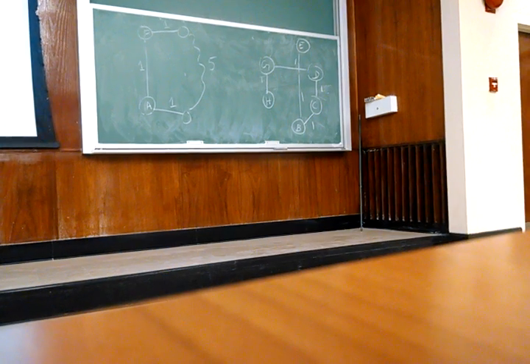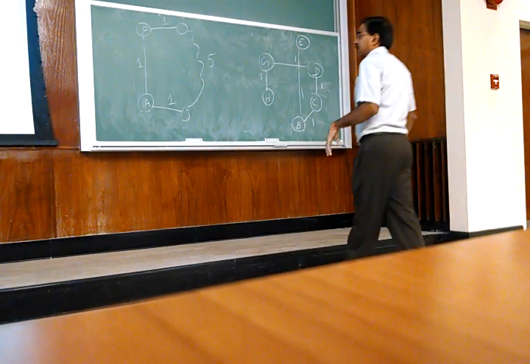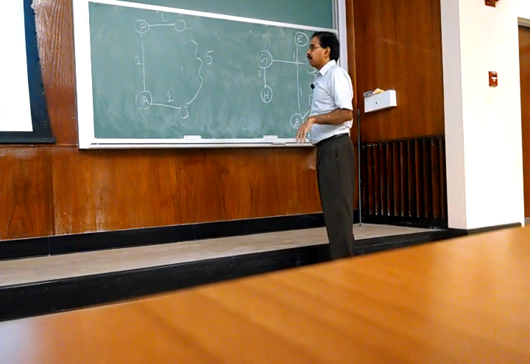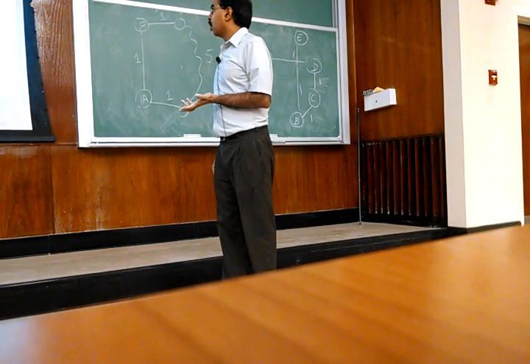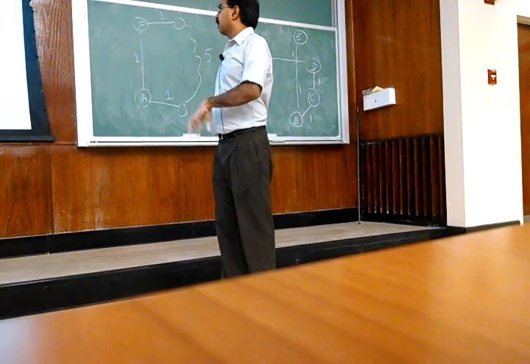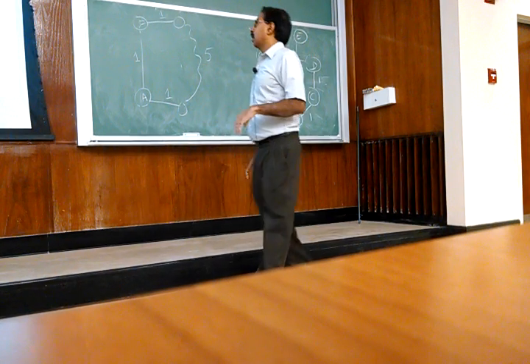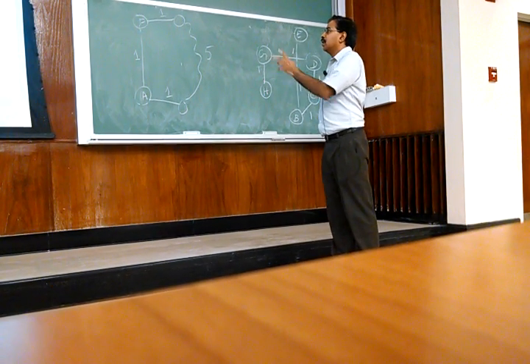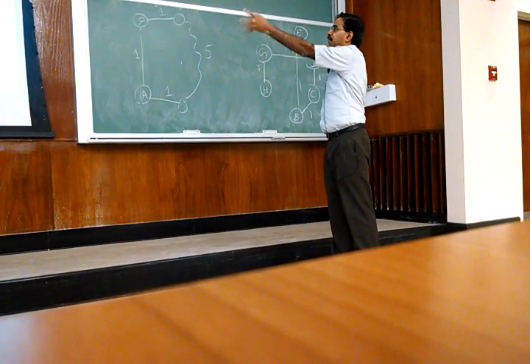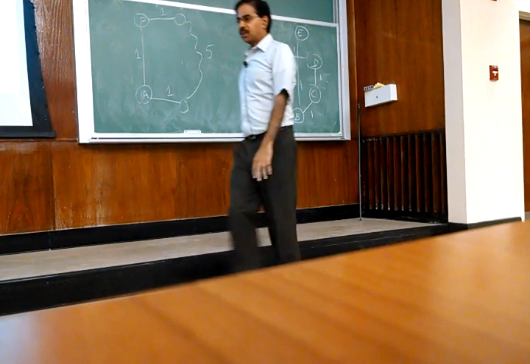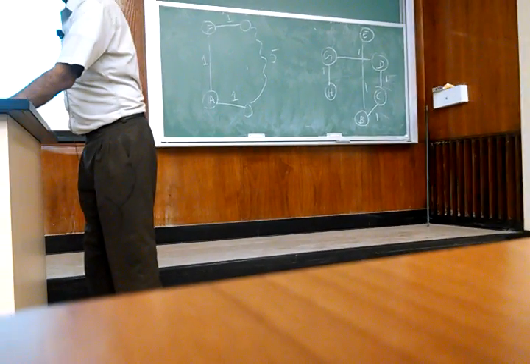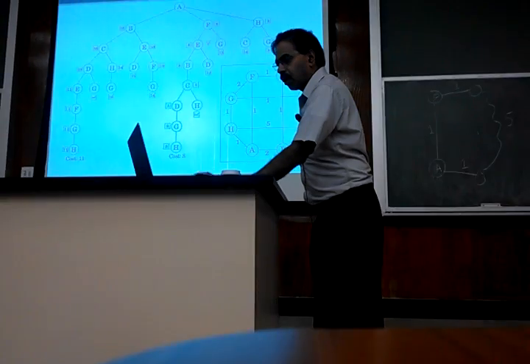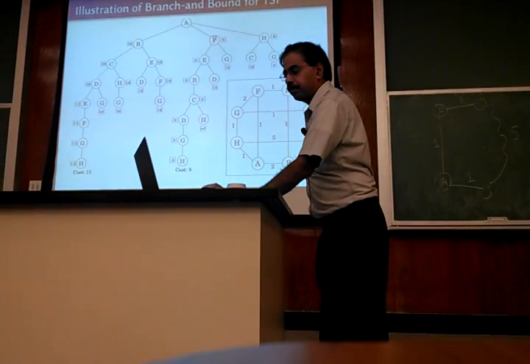Okay? So by systematically exploring, you can find all the solutions, and what you're going to do is avoid exploring paths where you cannot have a lower cost solution. So for instance, in this particular case, the way the search tree is drawn, you are first going to look at B, and then you're going to go depth first into B before you come here, okay?